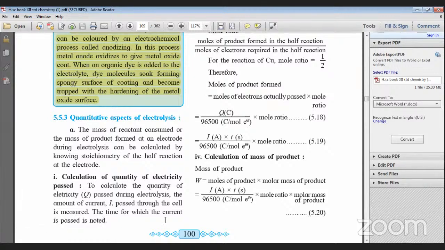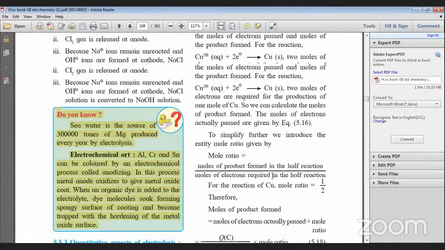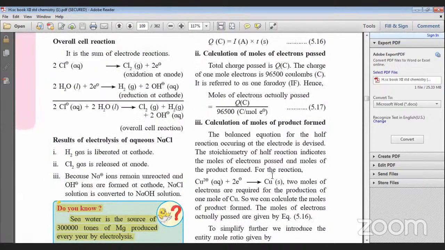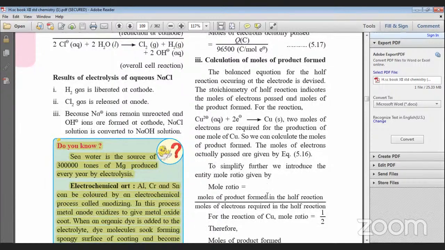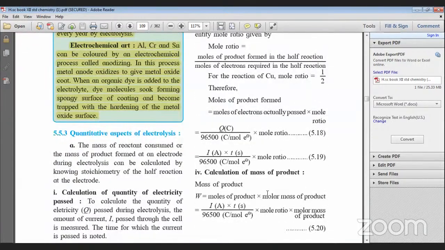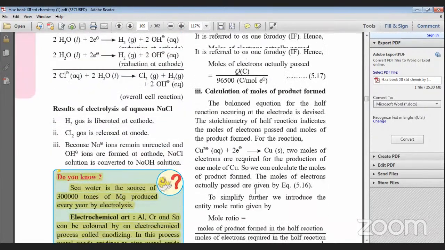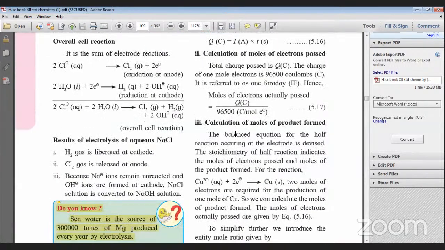The time for which current is passed is noted. So how long we have allowed this reaction to take place. So Q can be calculated by multiplying I with T, time. So you can calculate the amount of electricity passed by this formula, Q is equal to I into T.